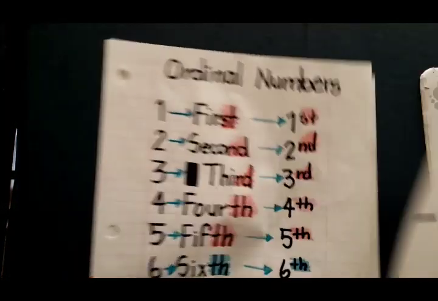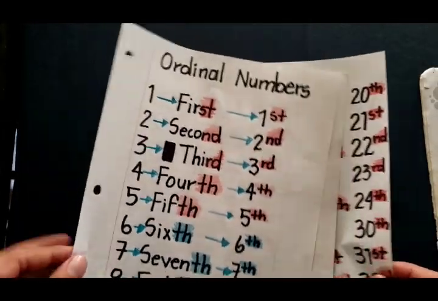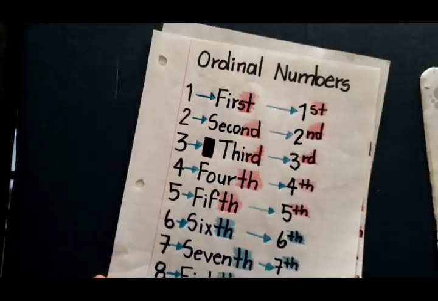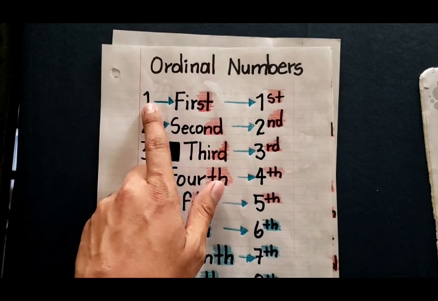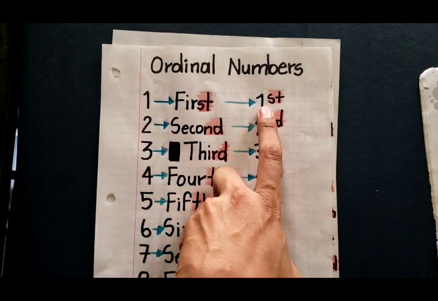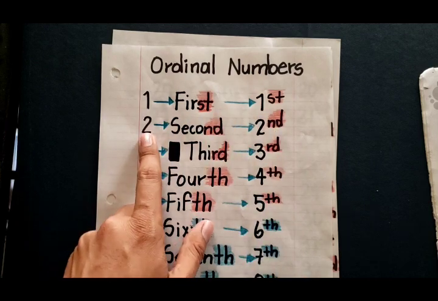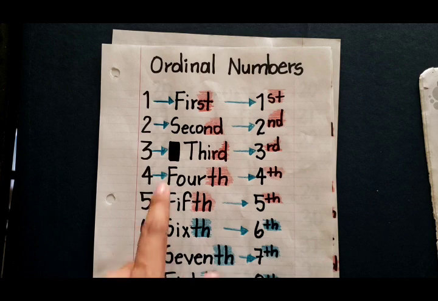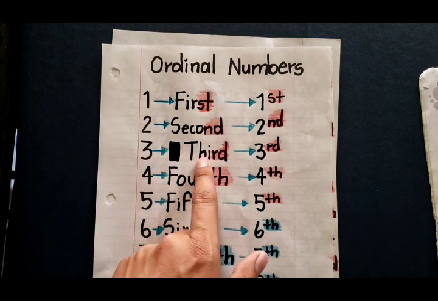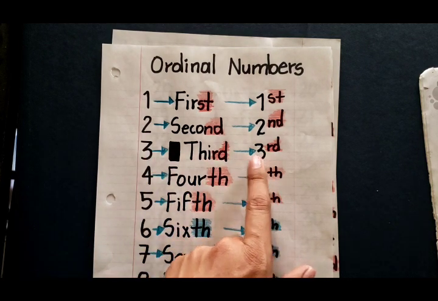Look at this. Here I have some ordinal numbers. The cardinal 1 in ordinal, we write it first. Cardinal 2, ordinal second. Cardinal 3, ordinal third.